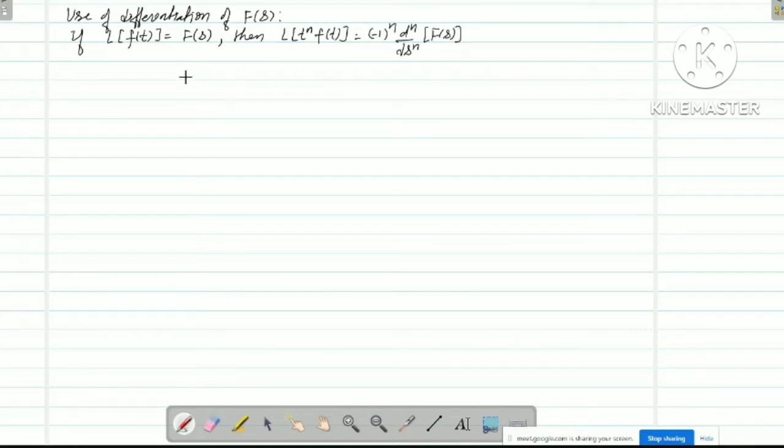Okay, so this is what use of differentiation of the function f of s.